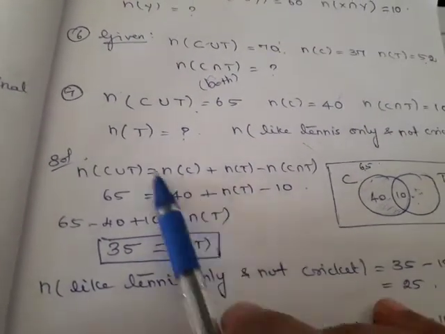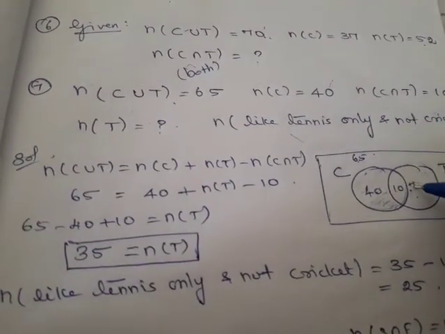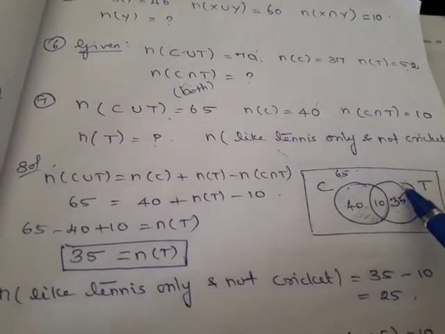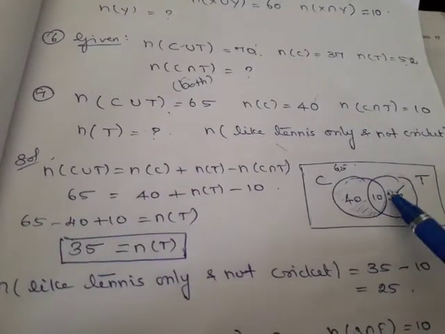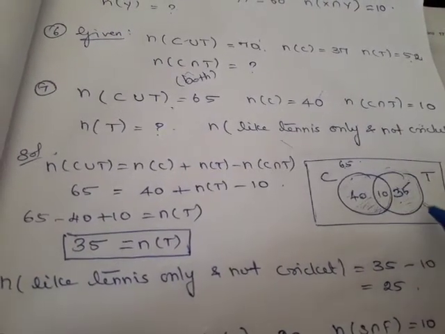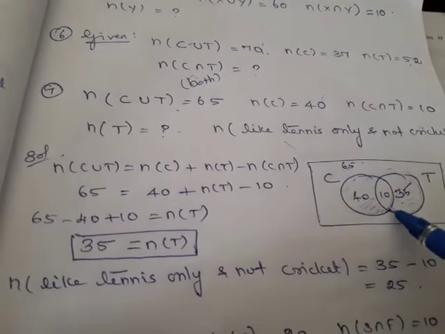Numerically, using the relationship, we found it is 35. Again, this 35 is the full of T, not only this region. And this 40 includes full of C. What does it mean?